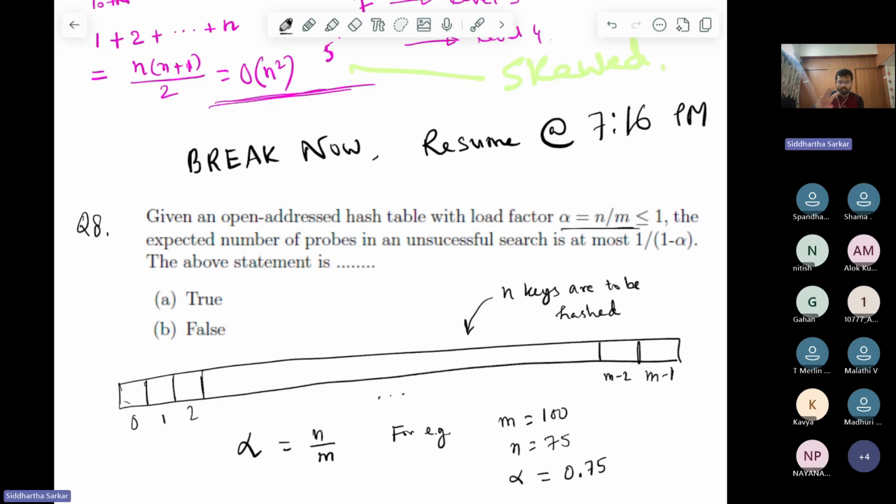So alpha is the load factor, that is what percentage of the hash table is filled. Are you with me? So you understood what is the load factor of the hash table?